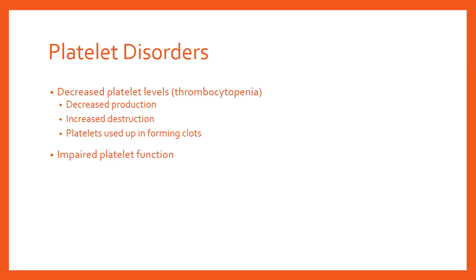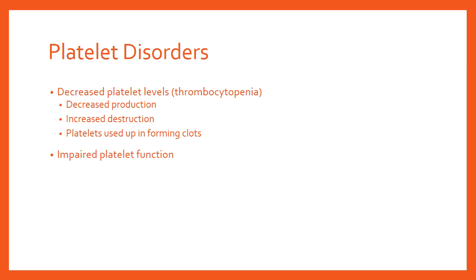What can influence decreased platelet levels or thrombocytopenia? Penia is decreased number and cyto is cells, so thrombocytopenia, decreased number of the platelets.